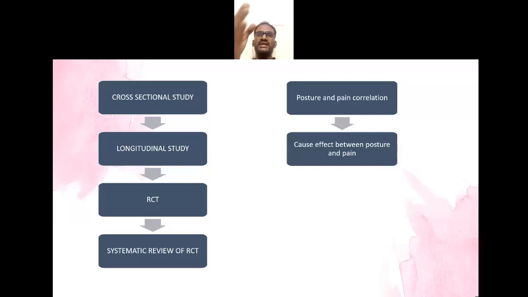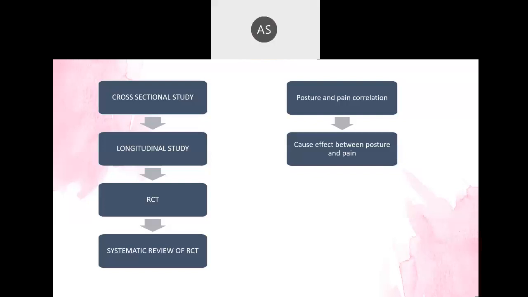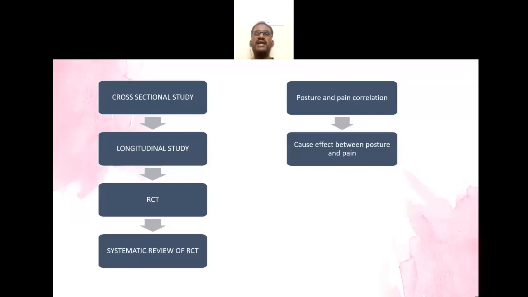We have to track the patients who had poor posture, and see how many of them developed pain, back pain or any pain per se, and who had not developed pain. If we come to know that a considerable number of persons developed pain, only then can we ascertain that posture had caused the pain.